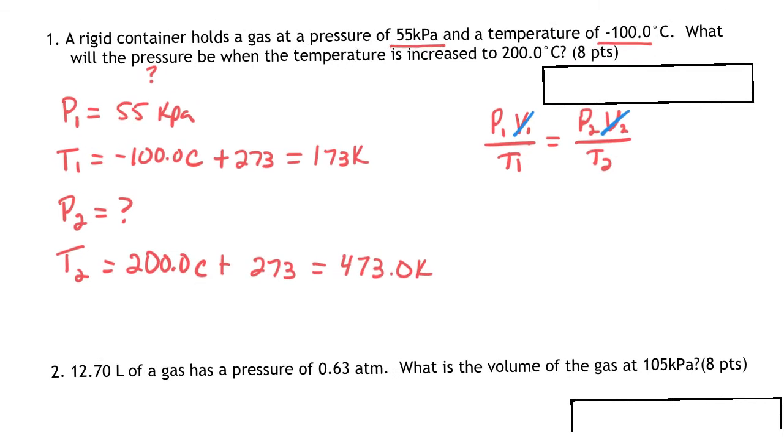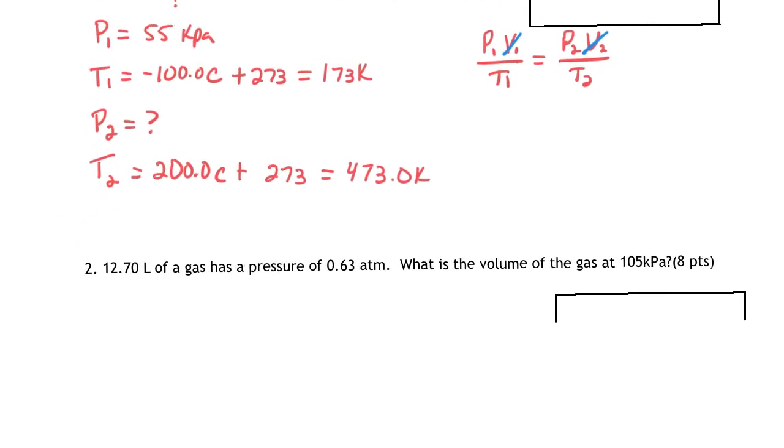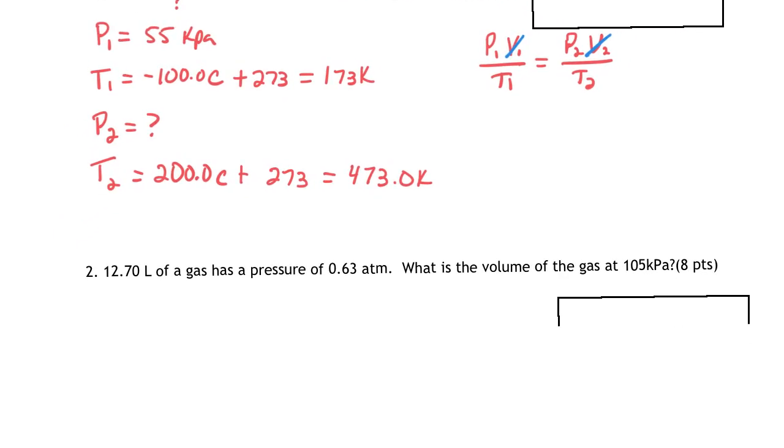So the next thing I need to do is rearrange my formula. So I'm going to cross multiply. So there's my first one. It doesn't matter which order you're doing this in. So I'm going to end up with P1 times T2 is equal to, now I'm going to cross multiply the second way, T1 times P2.